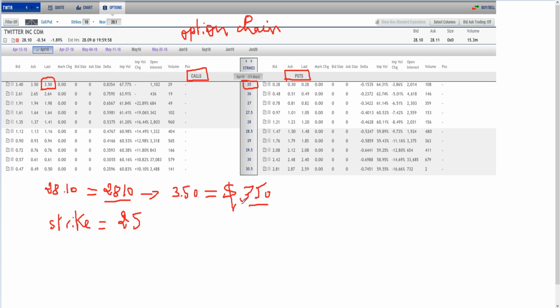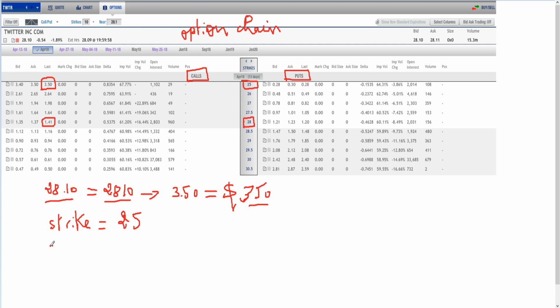Let's say you have the idea to buy at 28, near today. Today the price is $28.10. Now let's say you want to buy from the strike of today, 28. Now you understand that you are paying only $1.41.